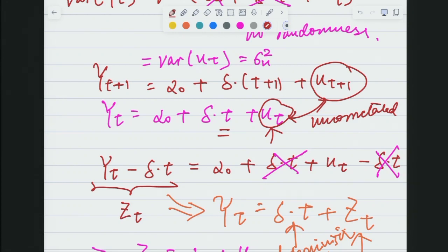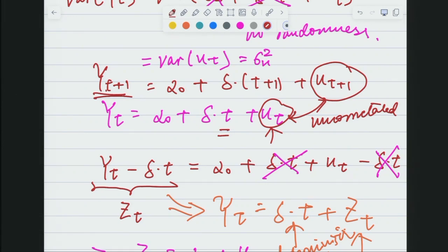Past shock will not influence the future y. But of course, in a trend stationary AR(1), the past shock can affect the future of y, but it will do so at a diminishing rate. The effect is temporary. It will die out eventually.